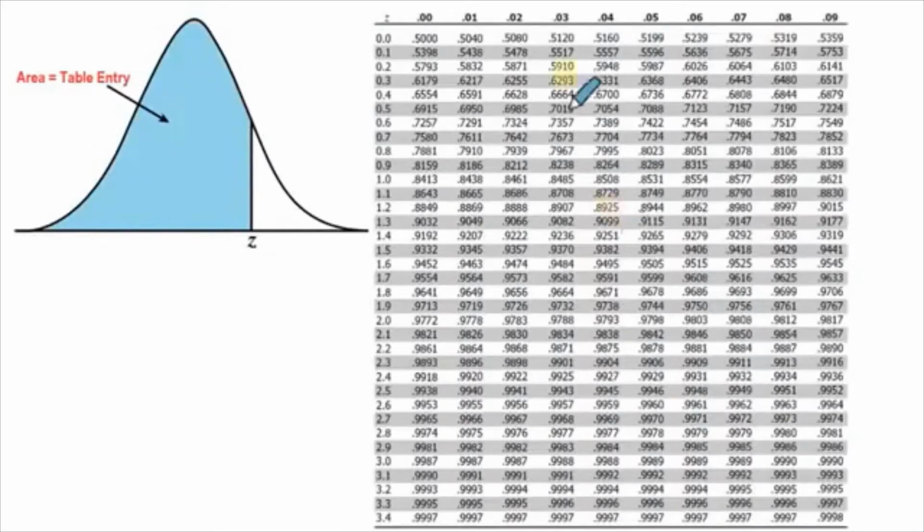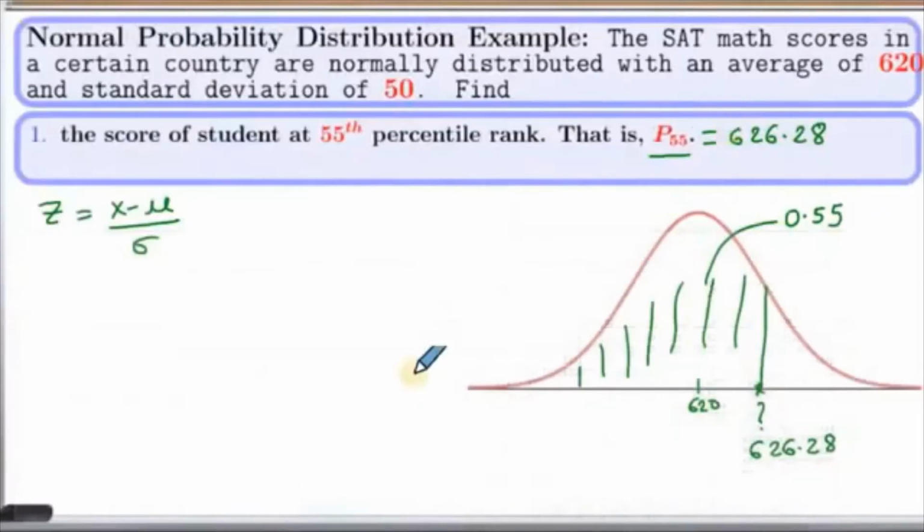Here, we will try to find 0.55 among these tiny 4 decimal place numbers. The value close to 0.55 is this, 0.5517, this number here. And its corresponding Z score is 0.13. So that's what we will put for Z here, 0.13.